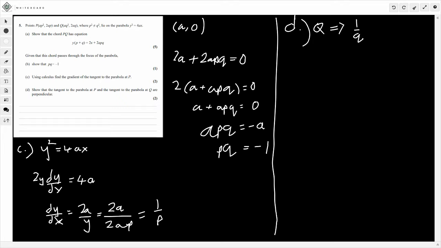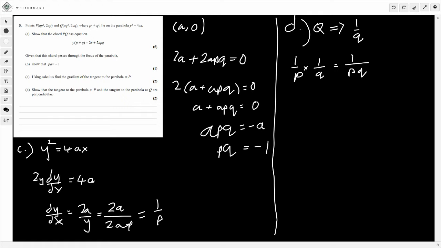Now, what we know is that if we multiply these gradients together, the product should give me -1. If they're -1, then it's perpendicular. If it's not -1, then they're not perpendicular, but we're showing that they are, so it should come to -1. So 1 over P times 1 over Q is going to be equal to 1 over PQ.